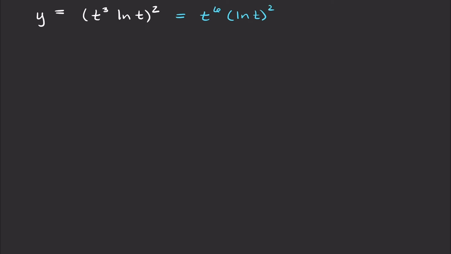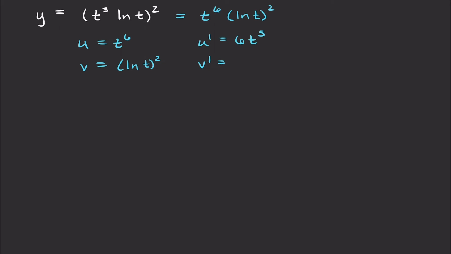So now I have my two functions of t, and I need to use a product rule. My first function will be t to the 6th. My second function will be the natural log of t squared. So u prime will be 6t to the 5th. And v prime, I'm going to have to use the chain rule here, but it's a little bit easier.